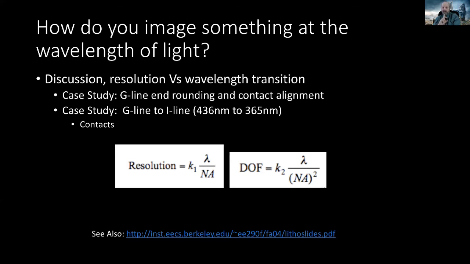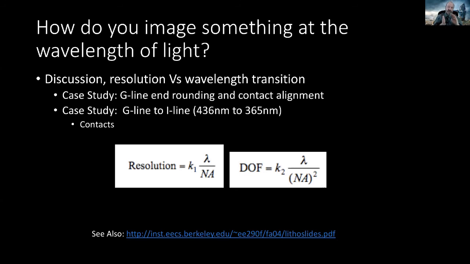And NA is the numerical aperture. So that's determined by how you make your lenses. So the lens designers try to get the numerical aperture as big as possible to get the smallest resolution. So if I can raise the numerical aperture for a given wavelength of light, I can print things that are smaller.